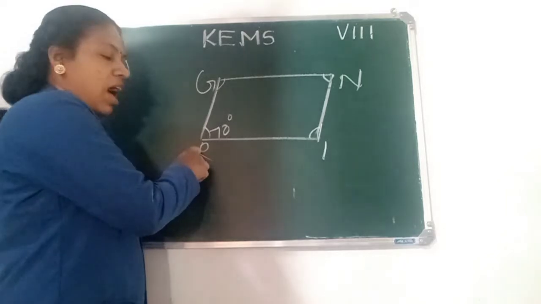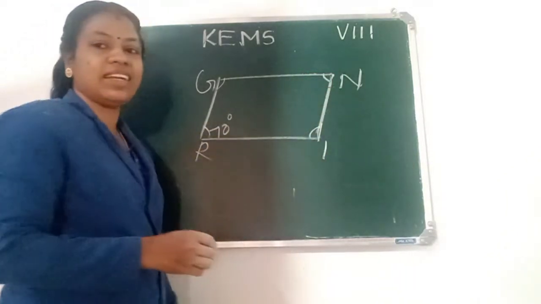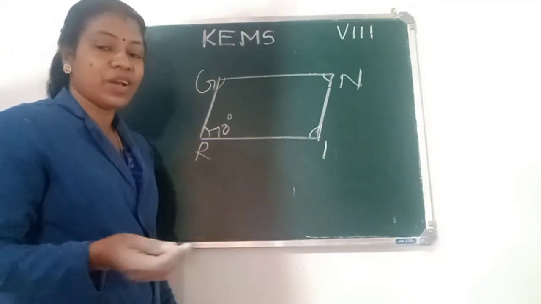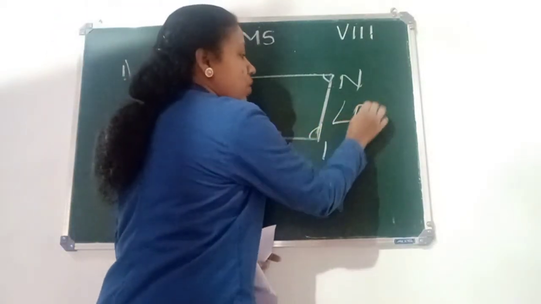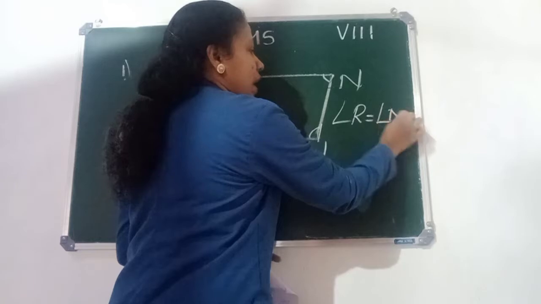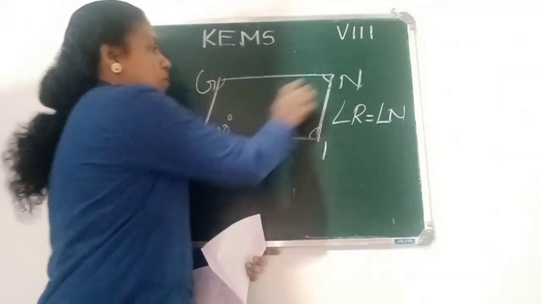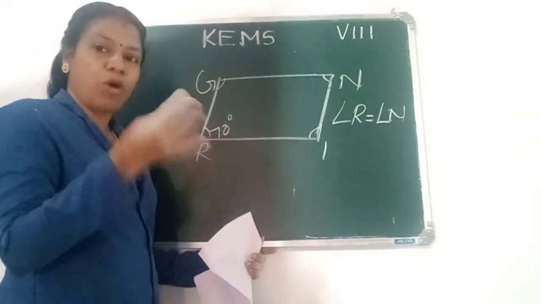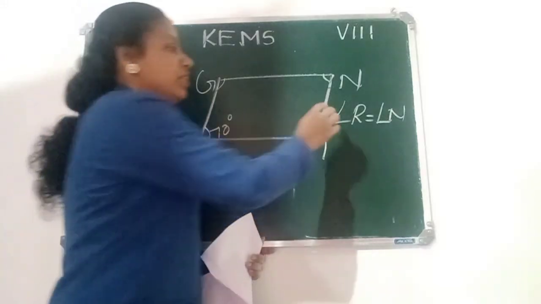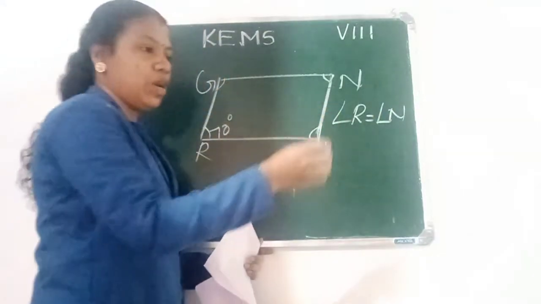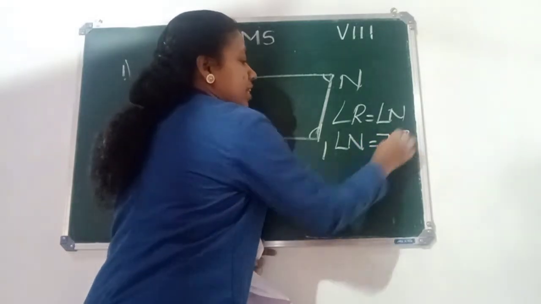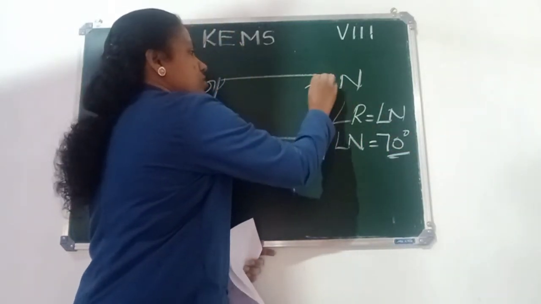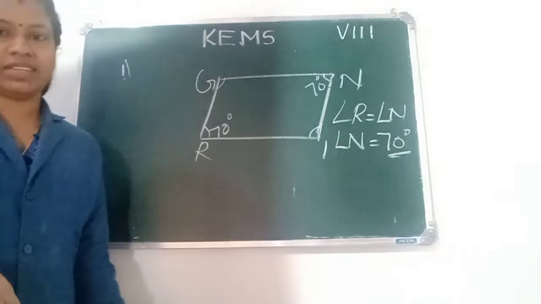So, this angle R equal to 70 degree, then angle N equal to 70 degree, because opposite angles are equal. Angle R equal to angle N. Therefore, angle N equal to 70 degree, because this is also 70.